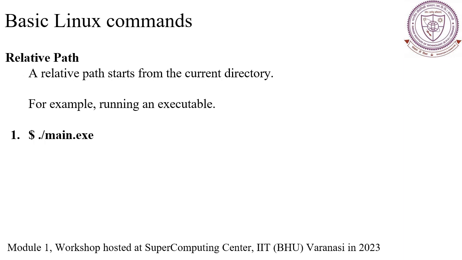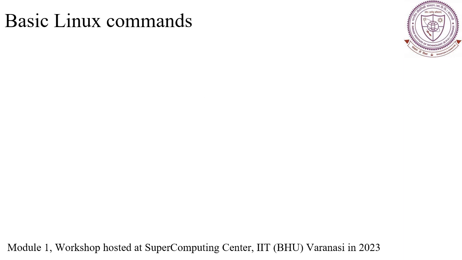For example, if in the current directory I have one file that is main.exe and I want to execute that file, I will simply write dot slash and the file name. I don't have to give the entire path of the file. So this is the relative path.